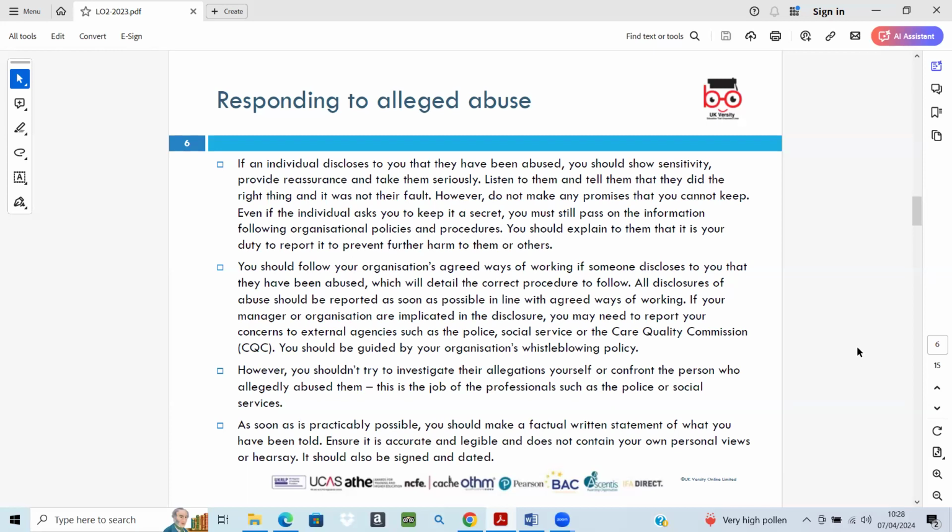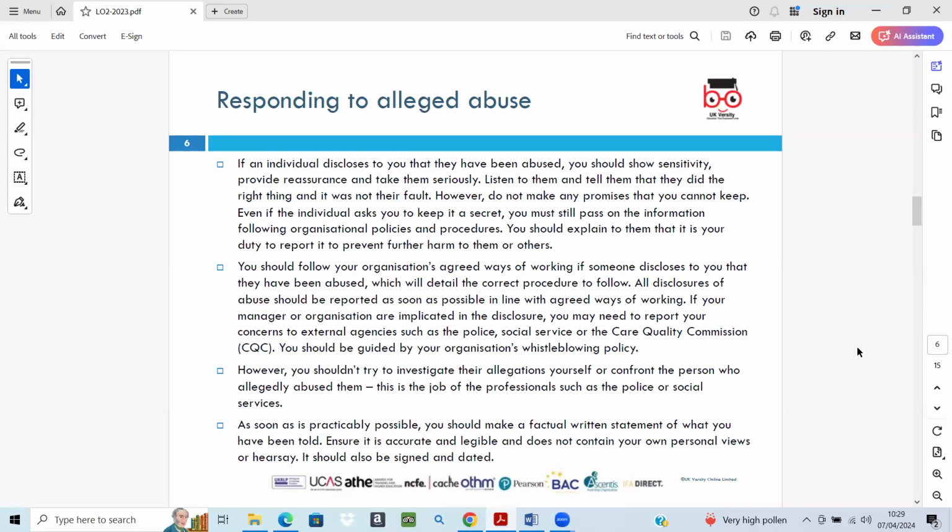Care workers should always follow the organization's agreed procedures for reporting a disclosure of any abuse. All disclosures should be reported as soon as possible in accordance with these procedures. If the organization or its management is implicated in the abuse, care workers may need to report their concerns to external agencies such as the police, CQC, social services, or the local authority.